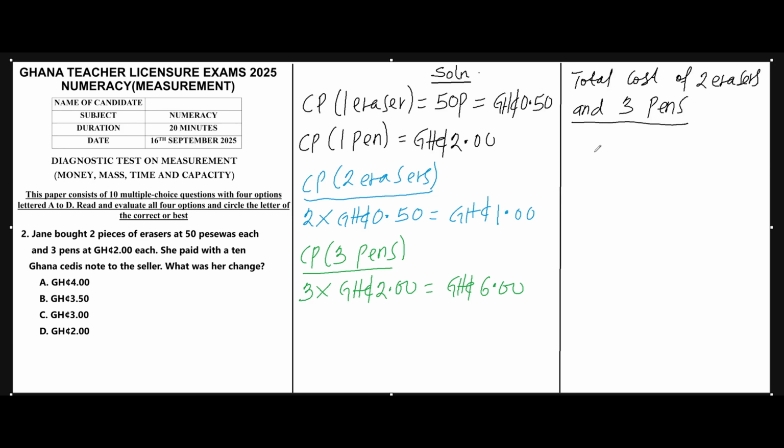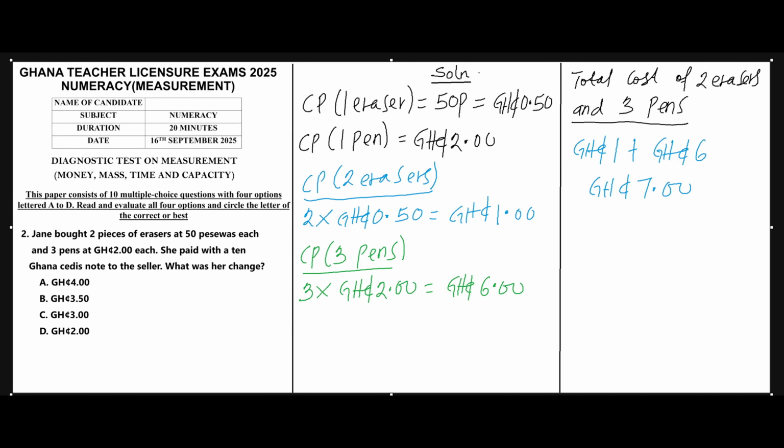So that will be their sum. Remember, sum goes with addition. The cost price of 2 erasers, we have 1 Ghana cedi, plus the cost price of 3 pens, we have 6 Ghana cedis. So the cost price of 2 erasers and 3 pens will be 7 Ghana cedis.